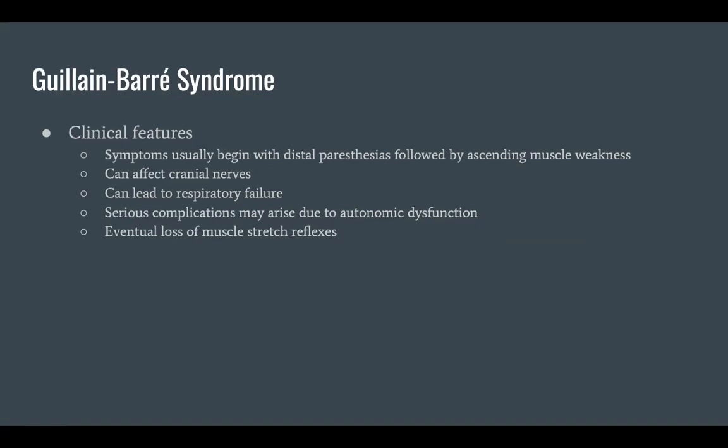Symptoms are going to be distal paresthesias following ascending muscle weakness. So remember, with Guillain-Barré versus other things, it's going to be an ascending paralysis. It can affect all the way up to the cranial nerves. It can cause respiratory failure. That's what would kill the person. And they can have serious complications.